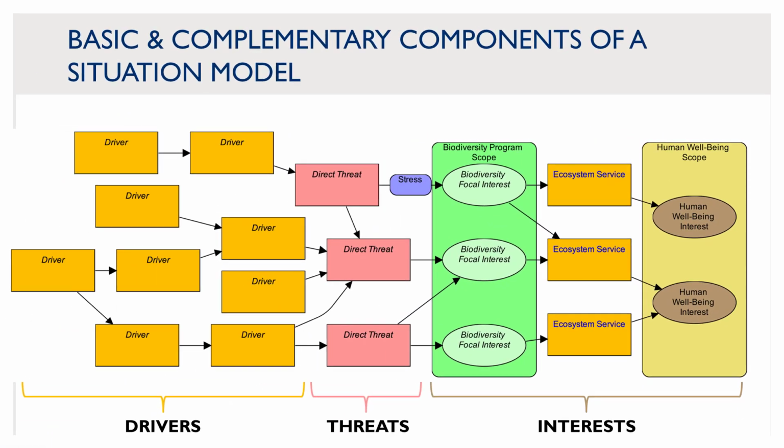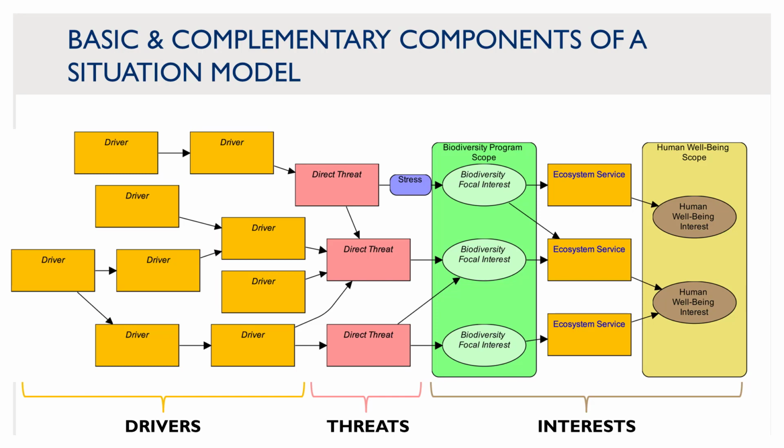Ecosystem services and human well-being interests are also very important, and they are at the heart of why biodiversity conservation is part of development. However, we consider them complementary in the context of planning for biodiversity conservation and teaching this methodology. This interactive how-to guide addresses designing programs to directly affect the biodiversity focal interests and the components contributing to the status of those interests.